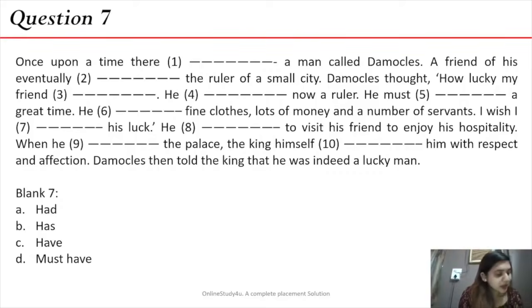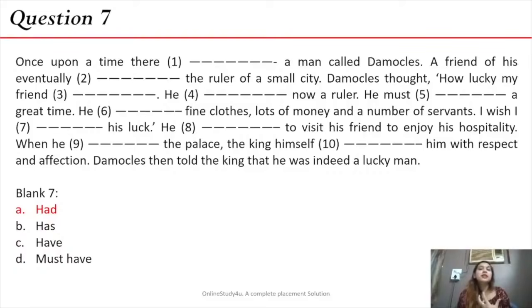All right, I see must be having. I suppose that's for the previous one. For blank number 7, okay, I see A is coming in. B and D too by a few people. Had, okay. All right, lovely. The correct answer is option A. It's not must have.